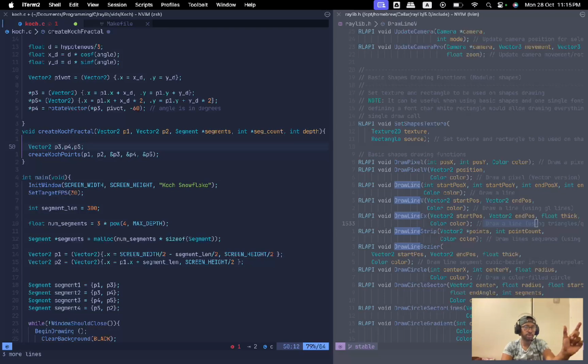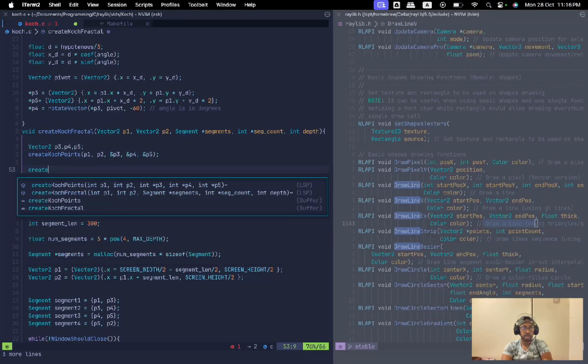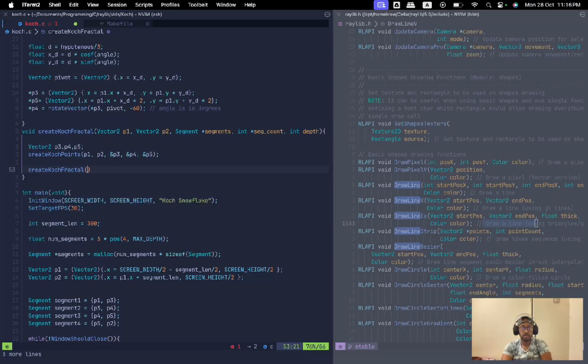Let's say I will be having a segment from P1 to P3, and for segment P1 to P3, again I want to create another segment. So I need to call this function again, but now on different points. That means now I'll be calling the create Koch fractal for each individual segment.